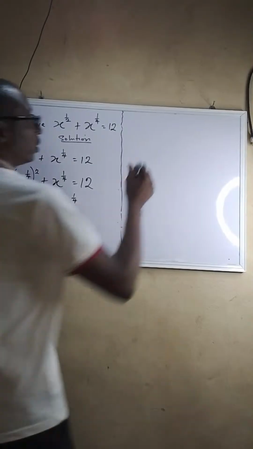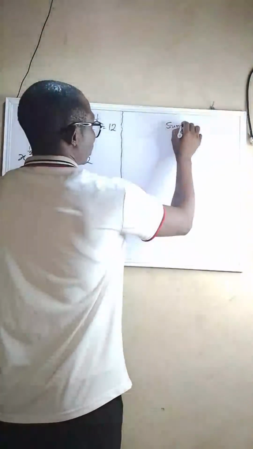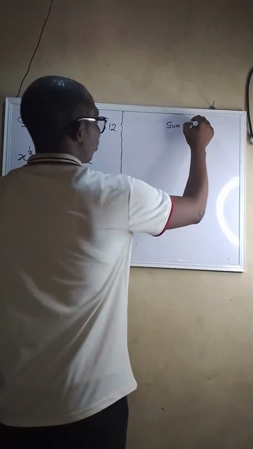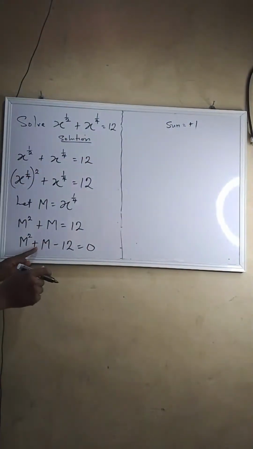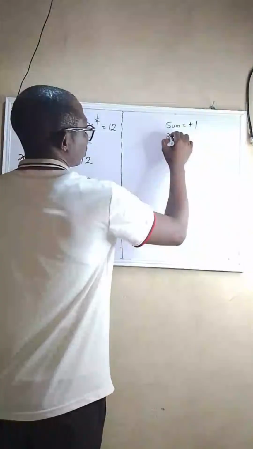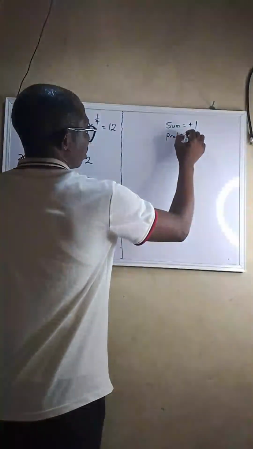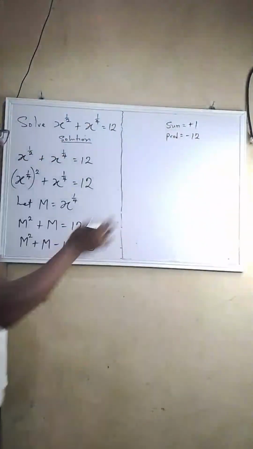So sum is plus 1, that is the coefficient of m. Product is 1 times minus 12, so product will be minus 12.